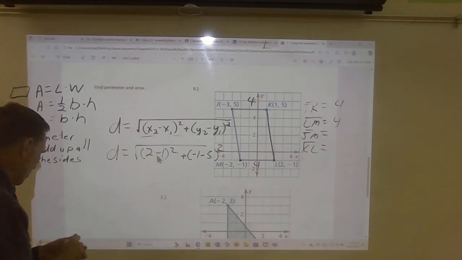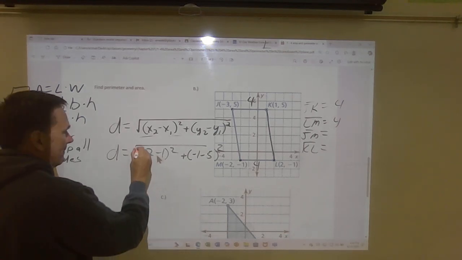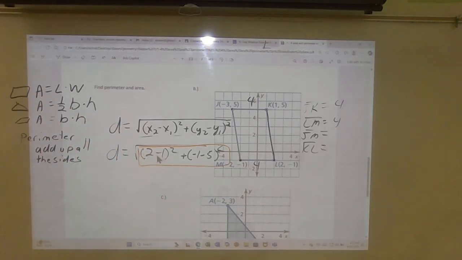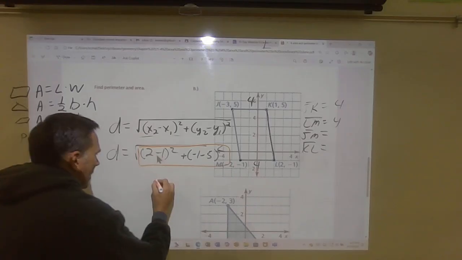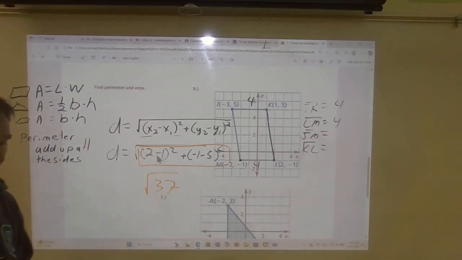Now, what we can do with the calculator, I can do this stuff all together in my calculator and get an answer a little bit quicker. And I will get 37 inside my square root. And the square root of 37 is 6.1.